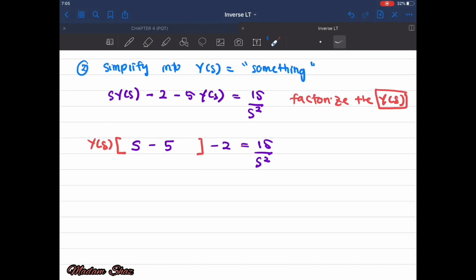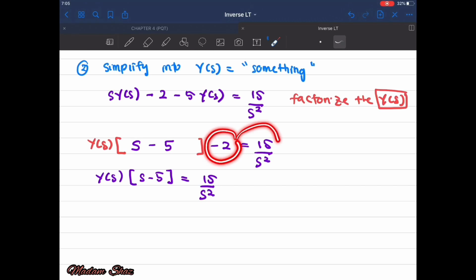So we have to move one by one. Move negative 2 first to the right hand side. Y(s)(s minus 5) is equal to 15 over s to the power of 2. Bring negative 2 to the right hand side, it will become positive 2.